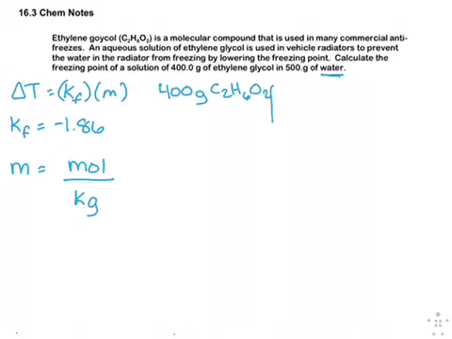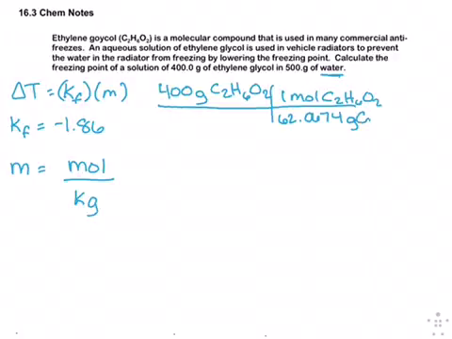C2H6O2, 1 mole is 62.0674 grams, its molecular mass. So that gives us 6.44 moles of C2H6O2.